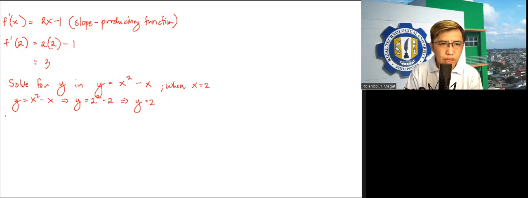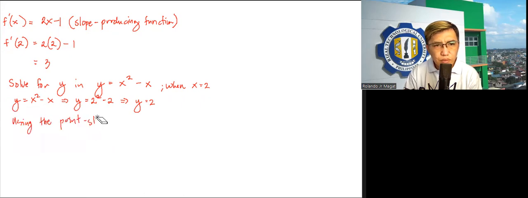So, using the point slope form, that is y minus f of x naught, if you can remember, is equal to the slope times x minus x naught.